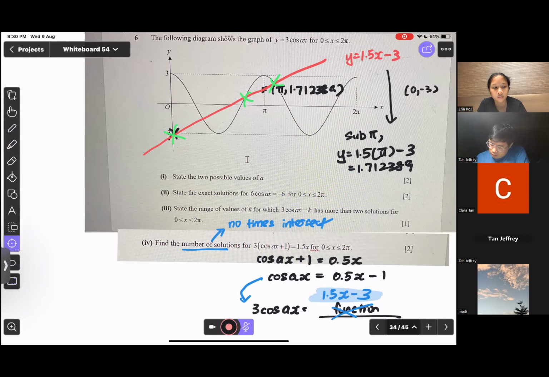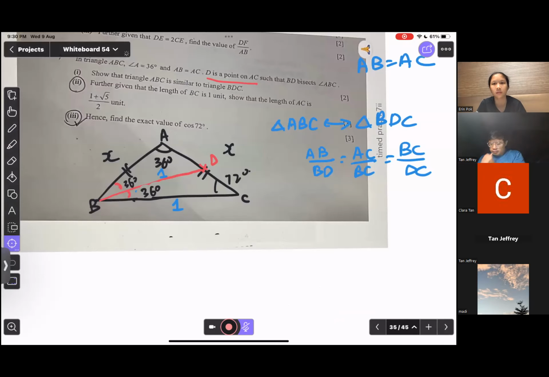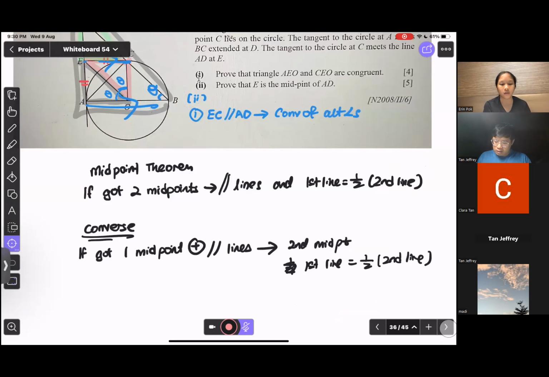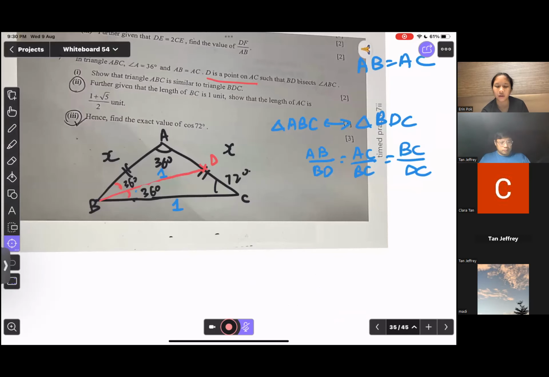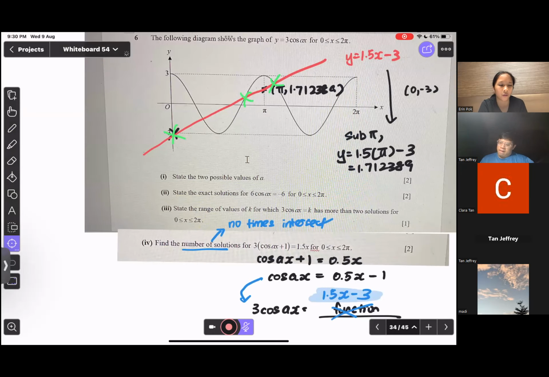Okay. So next one. Erin, this question okay? Wait, but when I sub in y equals to 3 into my y equals to 1.5x minus 3, then I got x equals to 4.